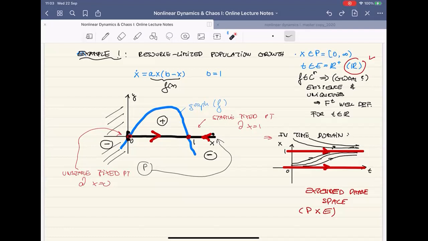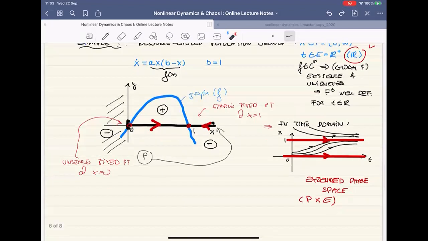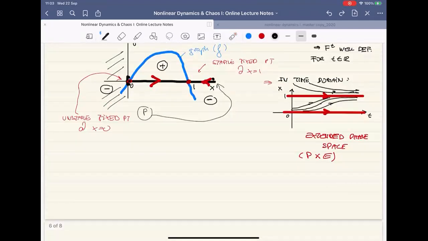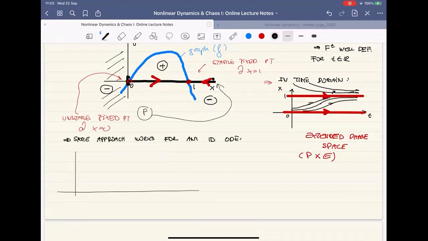Now, if you say, all right, you got lucky, you were able to do this, the same approach works for any one-dimensional ODE. So let me just give you, again, I'm not even going to write down the equation. I'm just going to take the right-hand side and graph it.